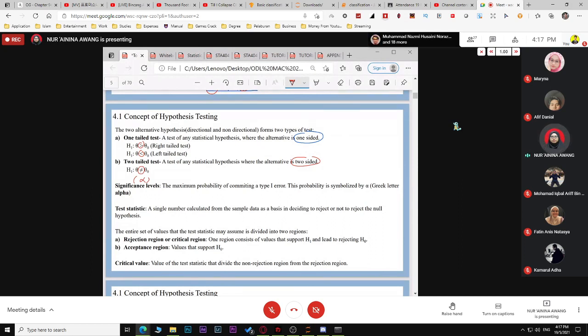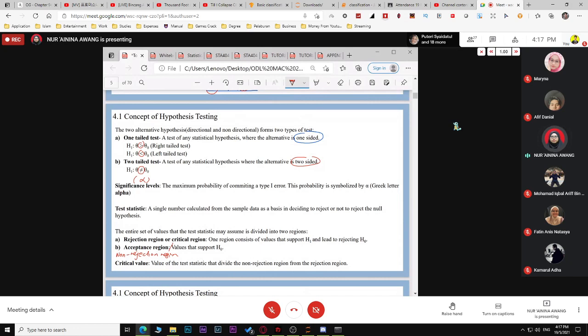And then we have two types of region, which are the rejection region or critical region, and the acceptance region or non-rejection region. For the rejection region, if the value lies in this region, we say we will reject H null.